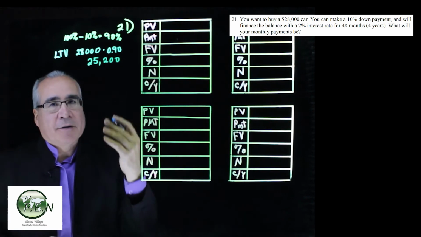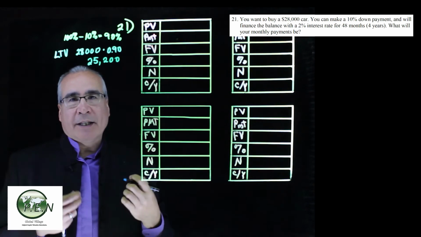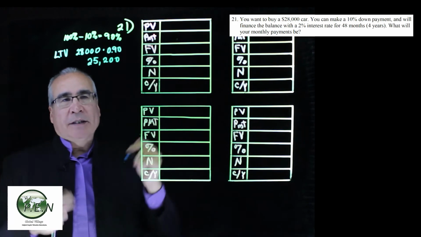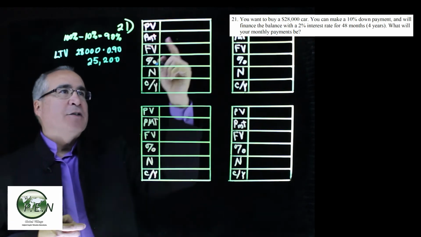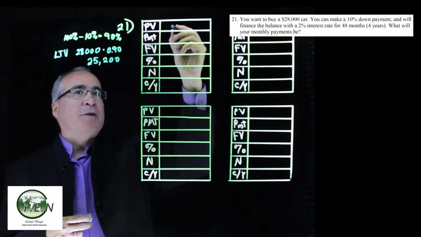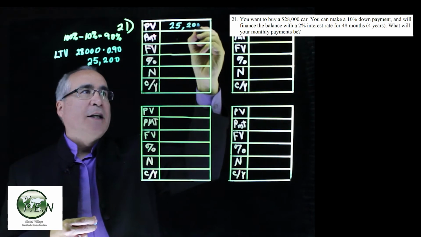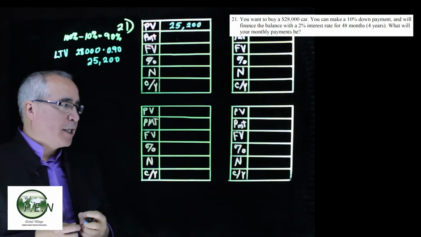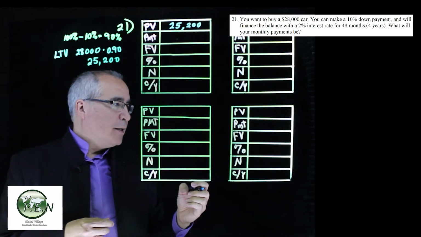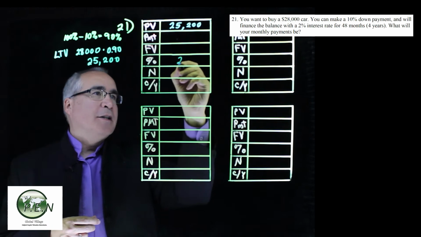That's what we need to borrow because the other was 10%. And notice it doesn't tell us directly the amount of the down payment. We'd have to subtract to do that, but what we're looking for right now is just the loan payment. So we put the loan, how much we're going to be able to borrow, $25,200. It's positive because that money is going to come to us. The interest rate is 2%, that's good.